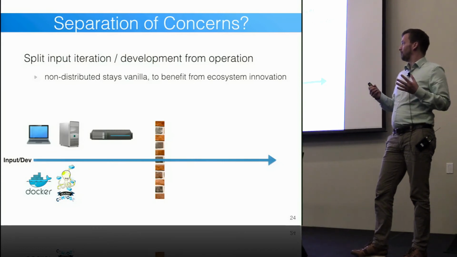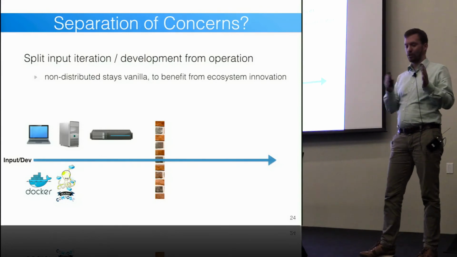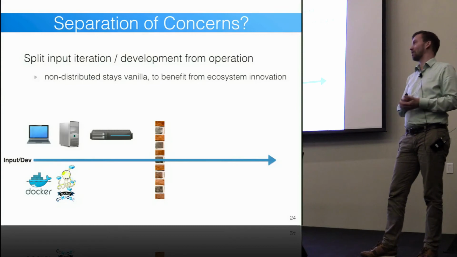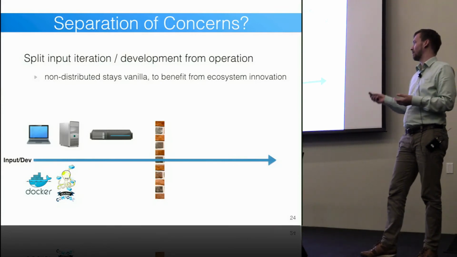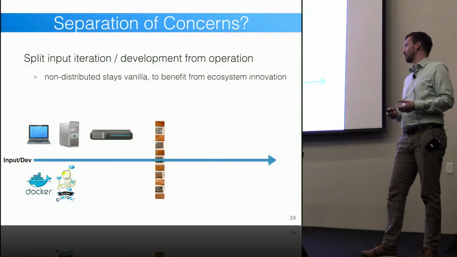Okay, and now a little bit broader. We have to look at the different iterations or the different problems that are solved by Linux containers here, right? Docker solves the problem of speeding up the development cycle.